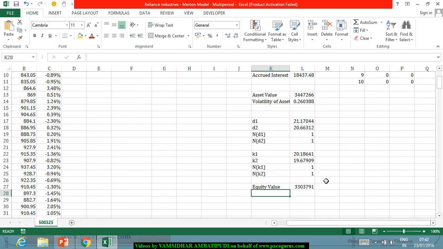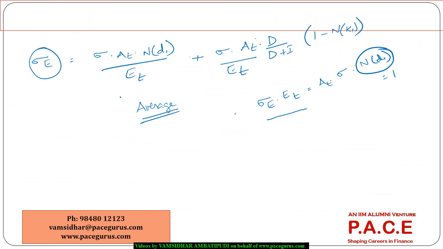The same way, I can go towards the volatility of the equity, again going with the same process, where I can take it as per our formula. This is the formula for equity volatility, so I can consider that.